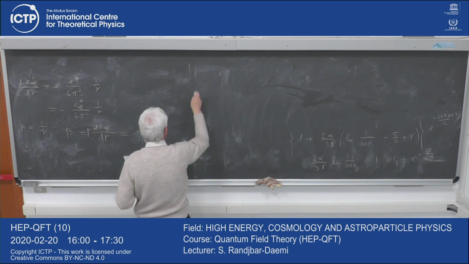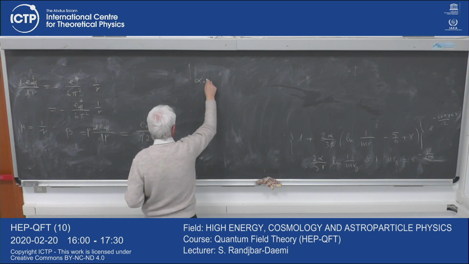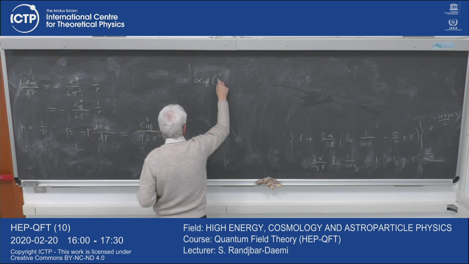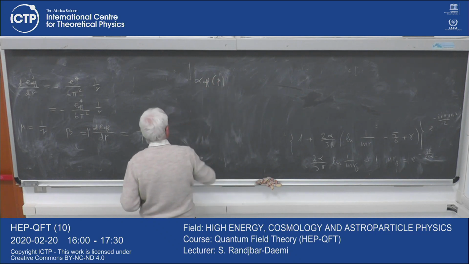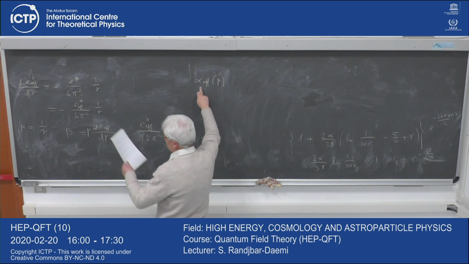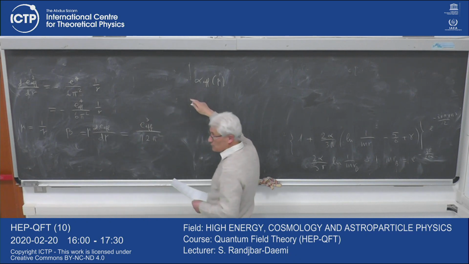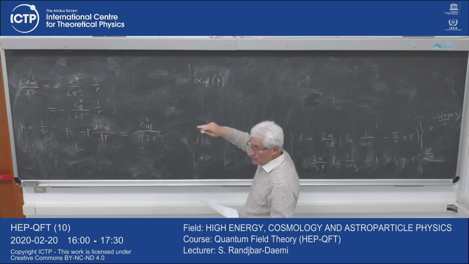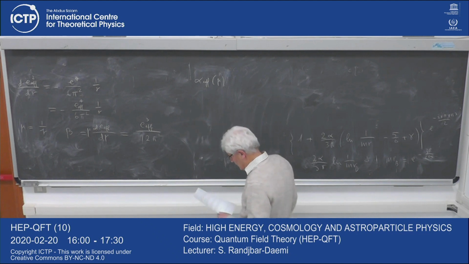You can rewrite everything in terms of an alpha effective as a function of mu. Alpha effective is defined like e effective squared divided by 4 pi, like the ordinary alpha, e squared divided by 4 pi.